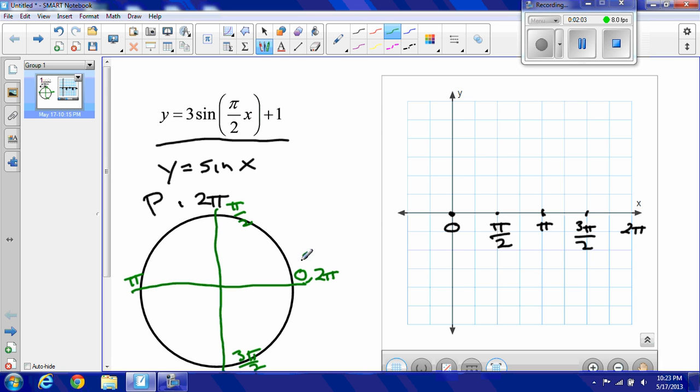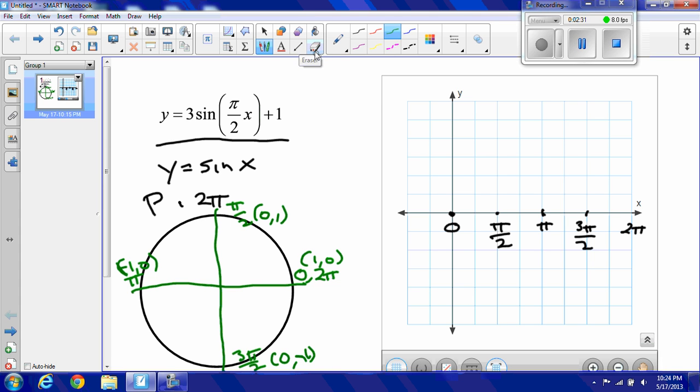And just while I'm at it, I think I'll put in my coordinate points. So this right here is 1, 0. This is 0, 1. This is -1, 0. And this is 0, -1. That is the ugliest looking -1 that I've ever seen.